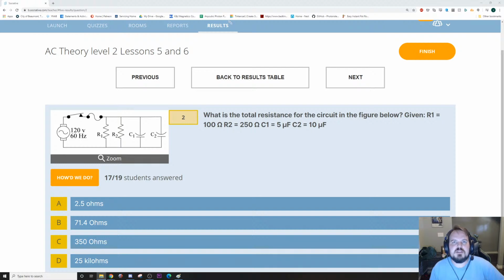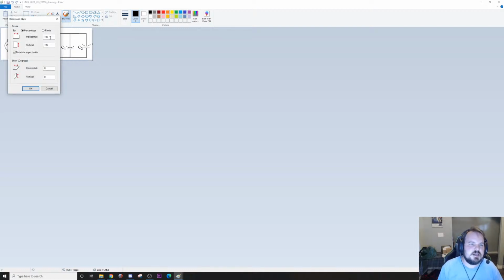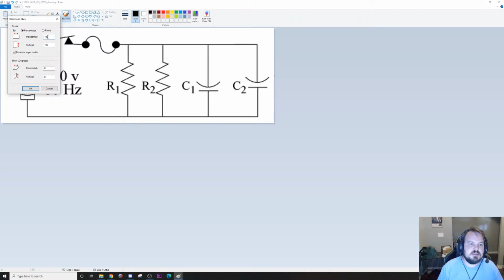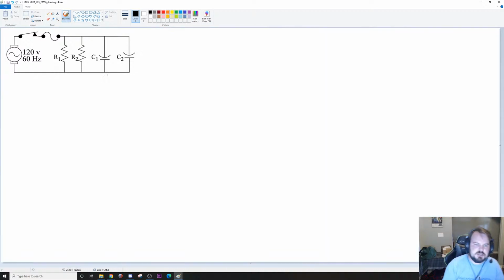Let me start all the way over. Let's see. Open with Paint. Resize. 3 times should be plenty. Resize. That's plenty big. The actual picture isn't super important, but okay.